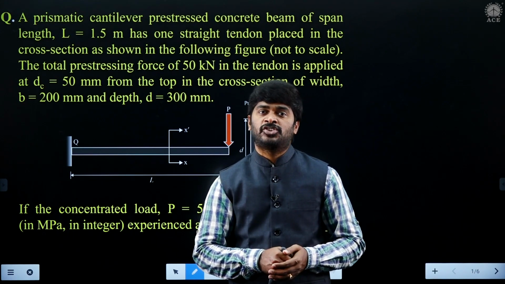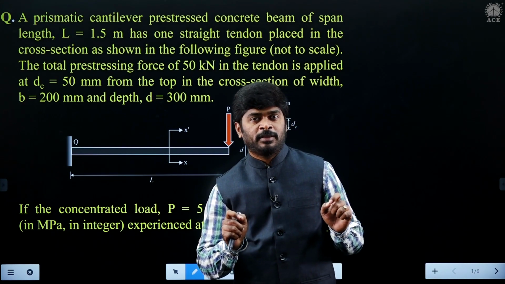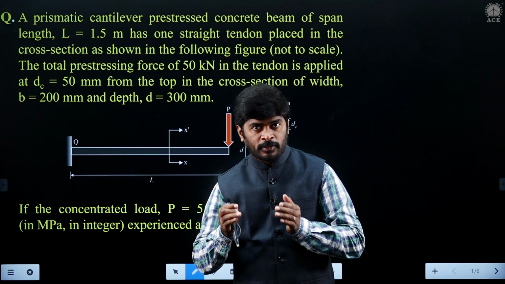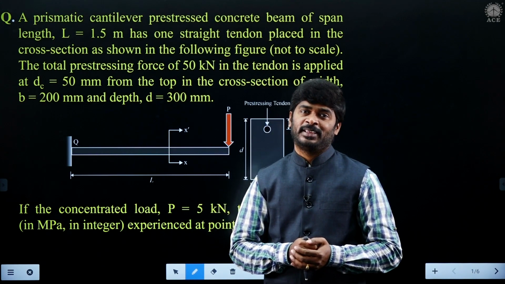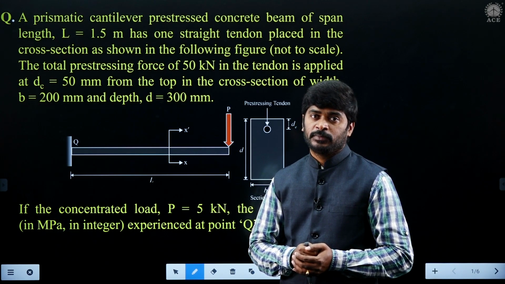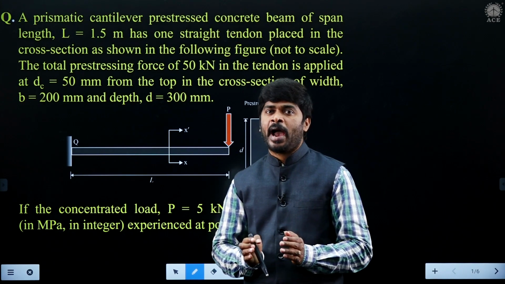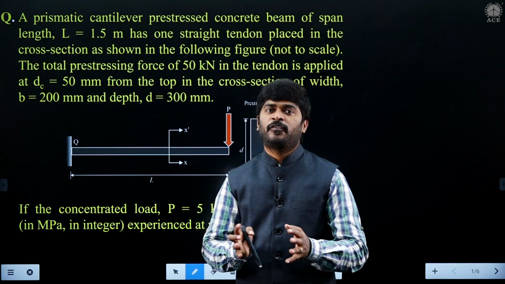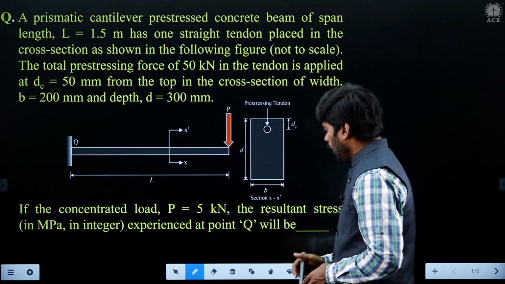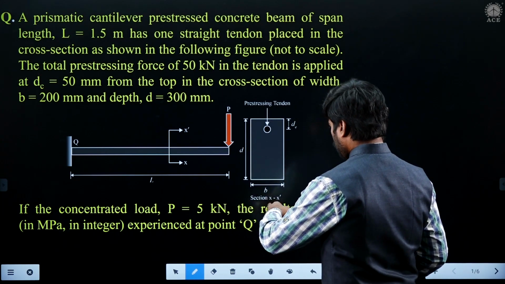Otherwise, they have to mention within brackets, including self weight of the beam, or mention that self weight of the beam is not neglected. This is missing in the question. Since nothing is mentioned, we have to take the self weight of the beam also. Got it? P equal to 5 kilonewton.